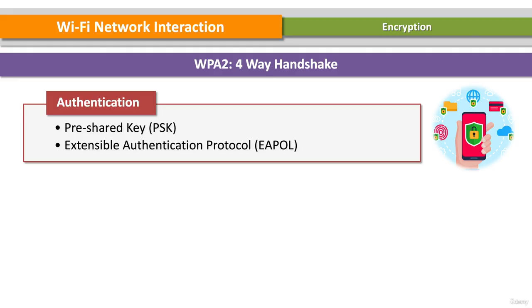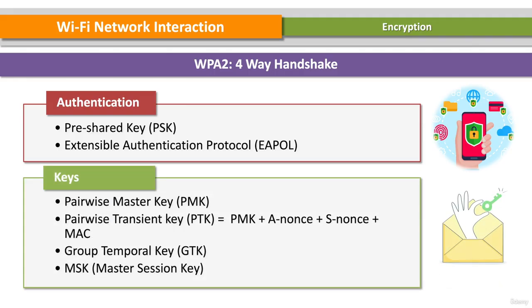The initial authentication process is carried out either by using a pre-shared key, a PSK, or an extensible authentication protocol, or EAPOL, that provides an authentication mechanism to devices wishing to attach to a LAN or a WLAN. So after the PSK authentication, a shared secret key is generated called the pairwise master key, PMK.